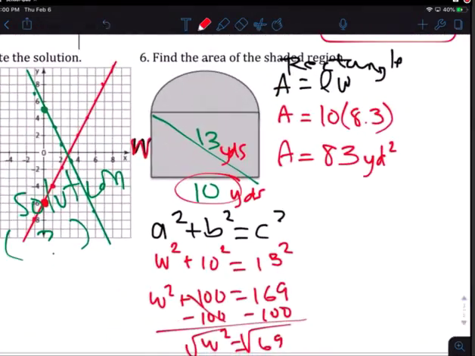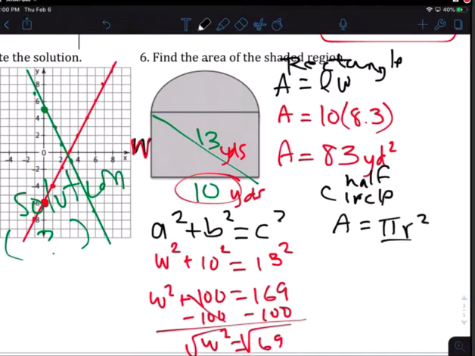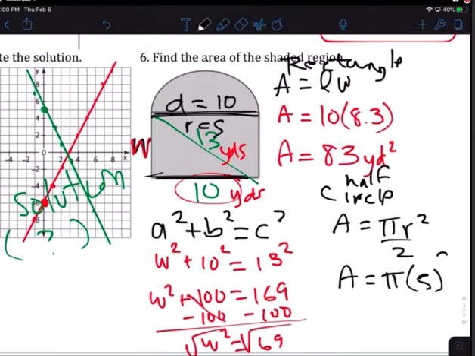Okay, a circle. It's half a circle, actually. This area is pi r squared divided by 2. So this is the diameter. The diameter is the same 10 right here. The radius then is 5. So the area is pi times 5 squared divided by 2.